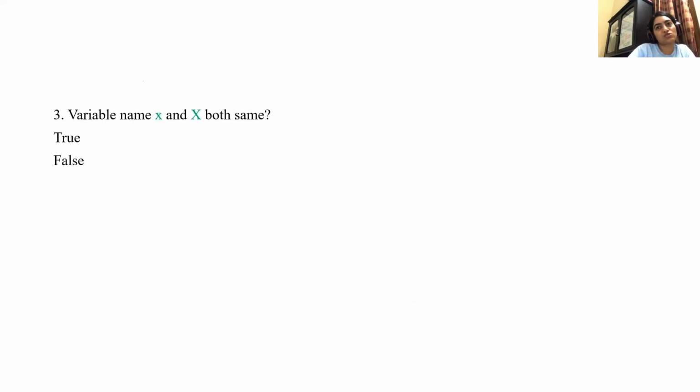Variable names x or capital X are both the same. If I write, for example, int x is equal to 7 semicolon, or I write int capital X equals 7, are both these x's the same? No, they are different.